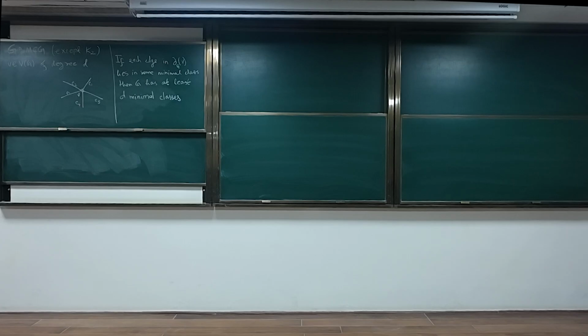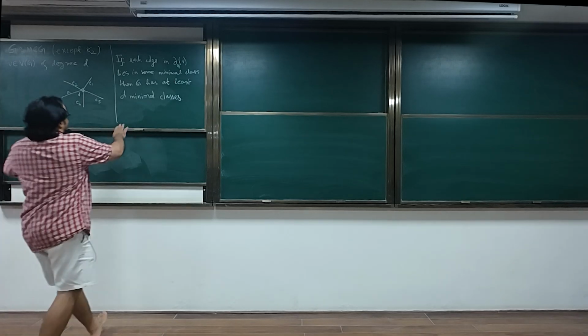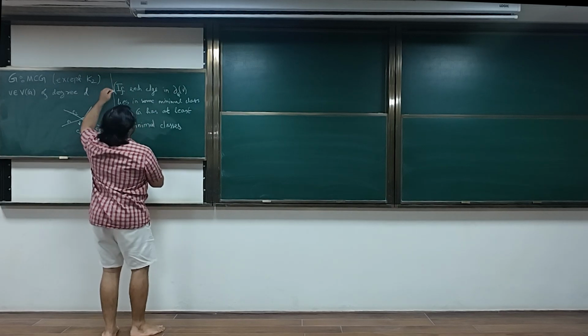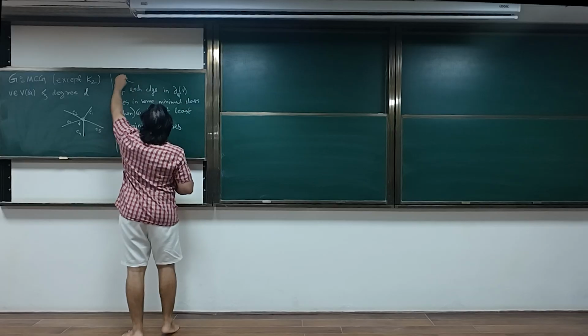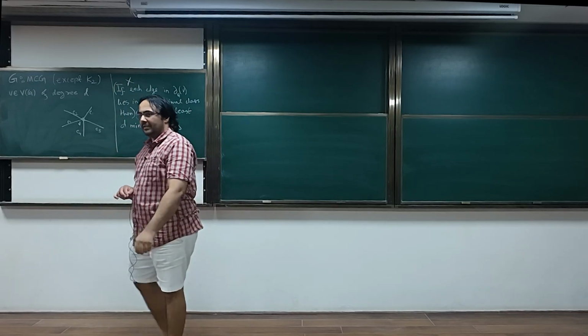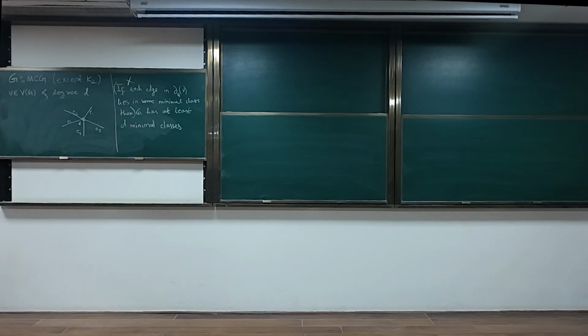Does this lead you to a concept? Now I want you to generalize this. Convince me that I can throw away this assumption. Convince me, or convince yourself rather, that you can throw away this hypothesis. The hypothesis is actually not necessary. Convince yourself that the graph has at least 5 minimal classes.